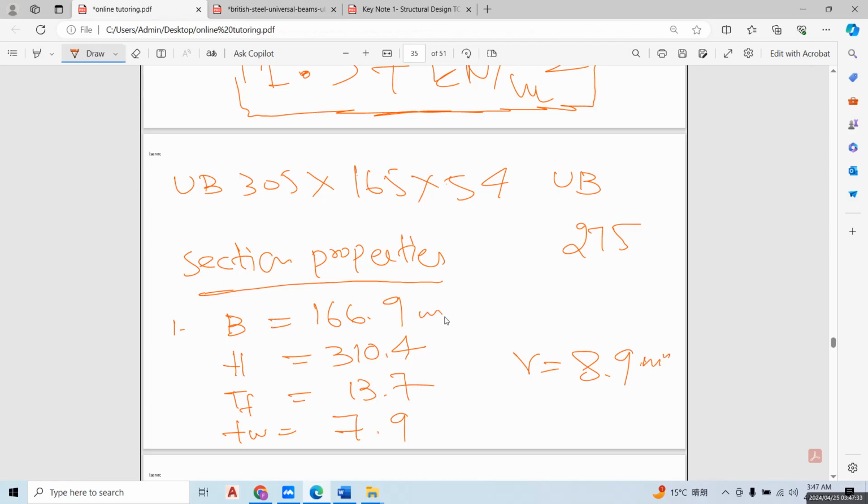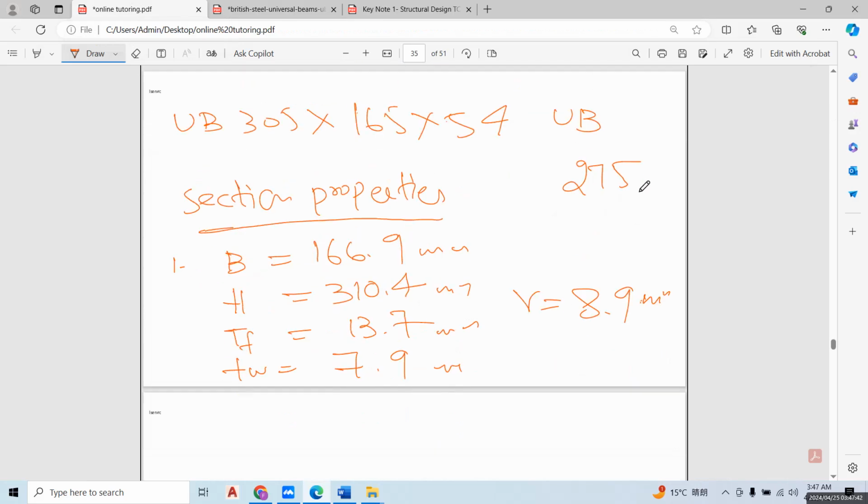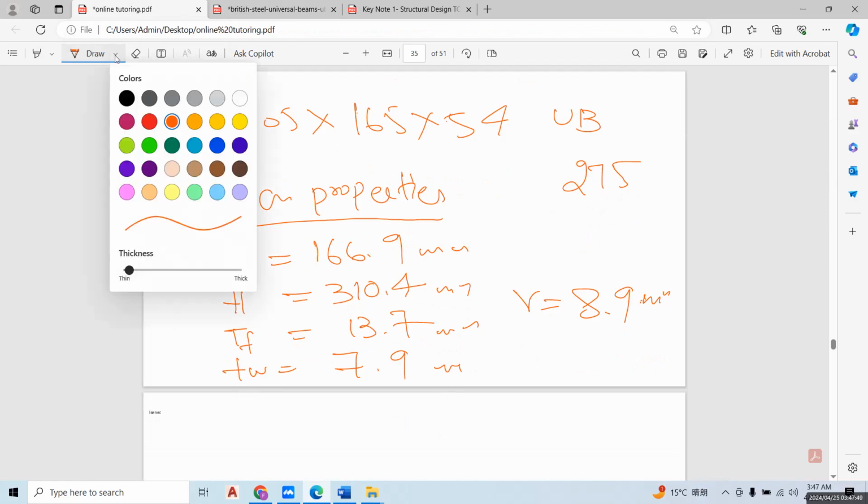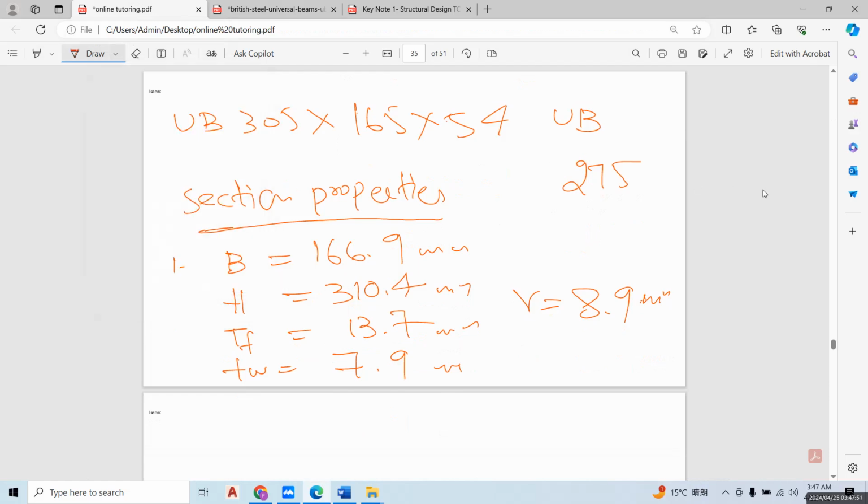What you need to do is first find the grade, the fy. So tell me what will be the fy. The fy is 275.